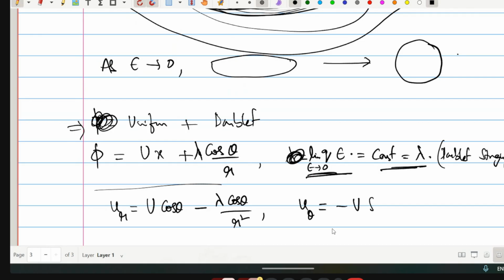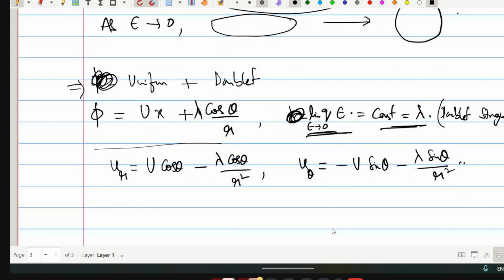Minus U sin theta, like earlier, and cos theta becomes minus sin theta, so minus lambda sin theta divided by r square.